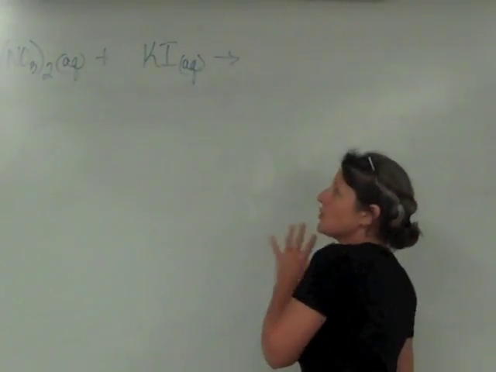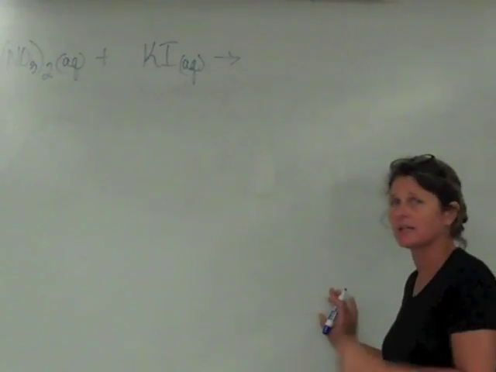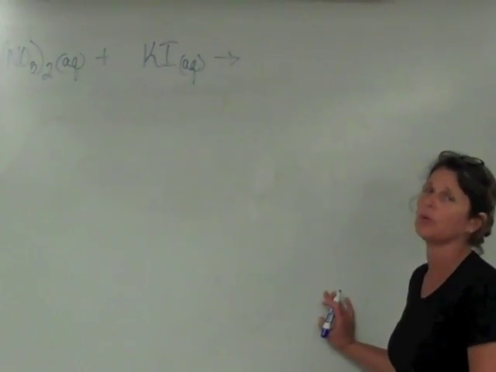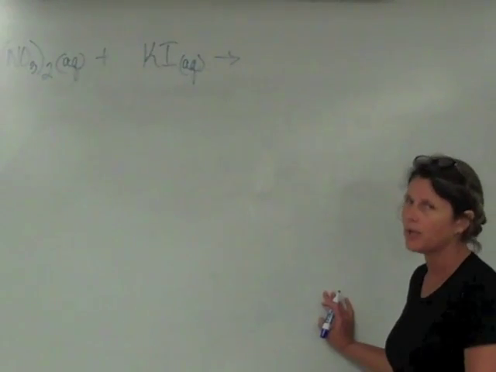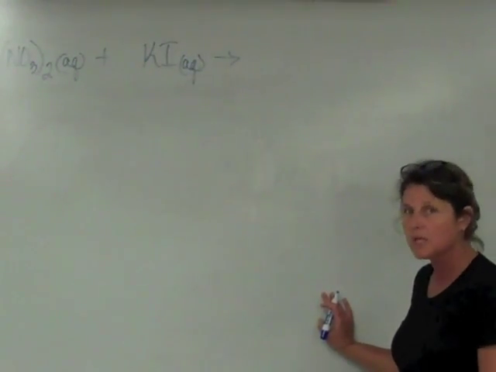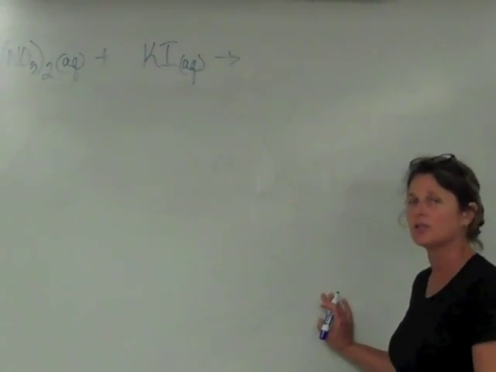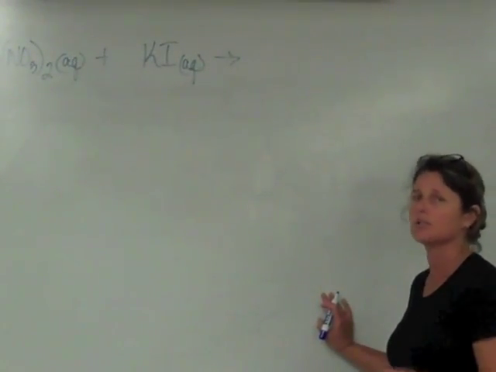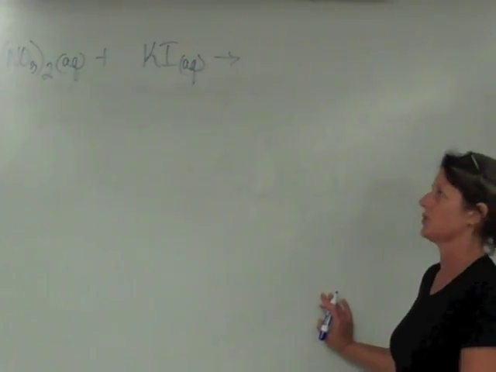Okay, so how do I predict what is going to form here? Well, we're going to do something called a double replacement reaction. This is a double replacement reaction, which means that the cations switch partners.